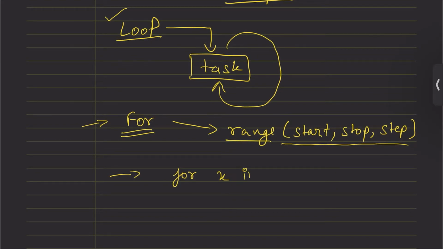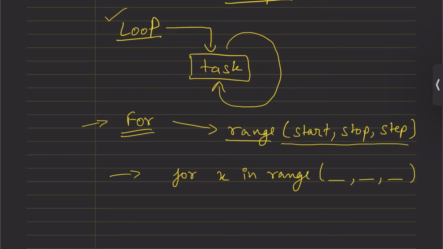Then we use in range. Then we give it three values: the starting point, stopping point, and the steps. So this is how you write the for statement in Python.